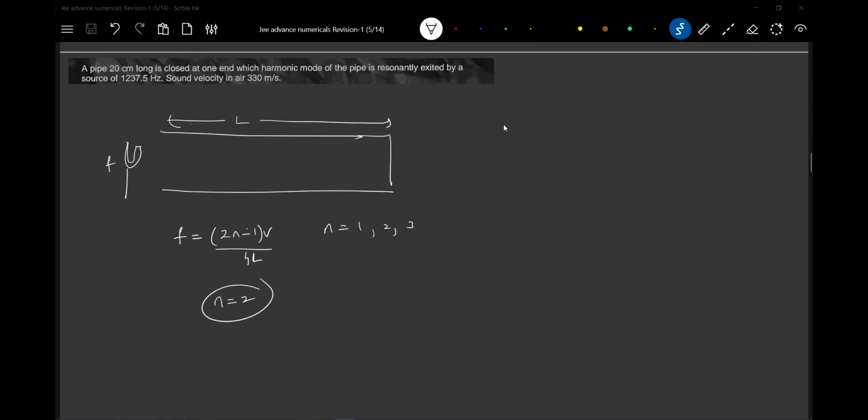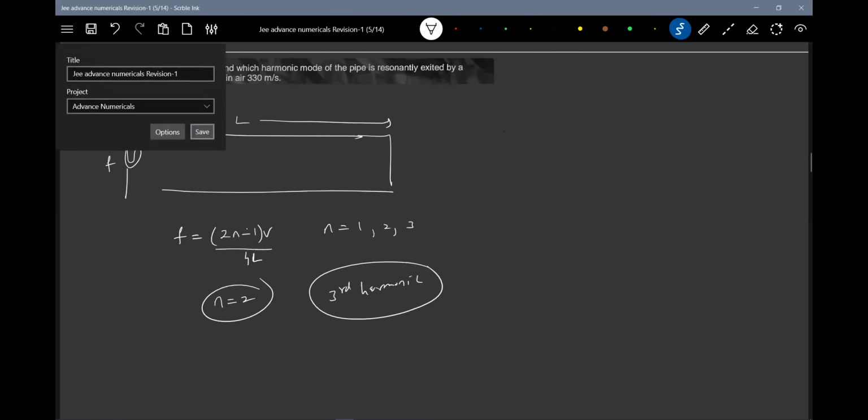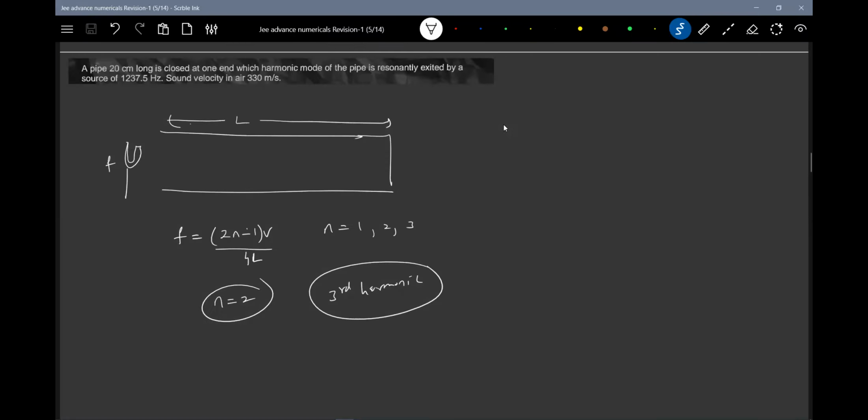Fundamental tone, first overtone, second overtone. So n, how much did you get? n equals 2, you got it. So then you have to call it the third harmonic, because even harmonics are absent. For n equal to 2, it is called the third harmonic. Yeah, I made the correction.